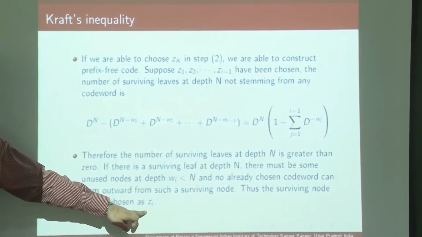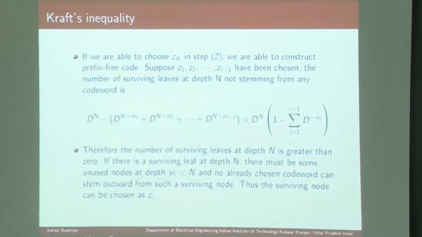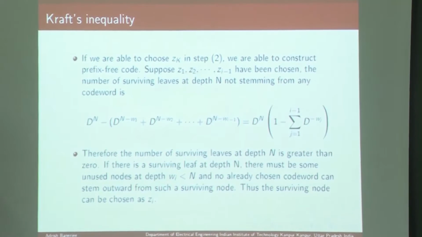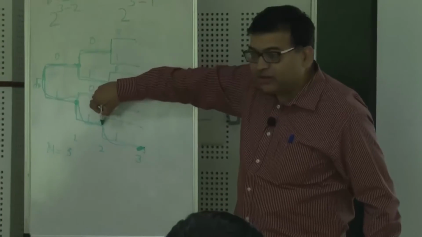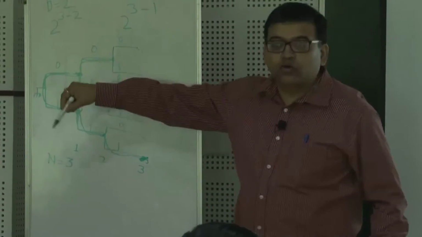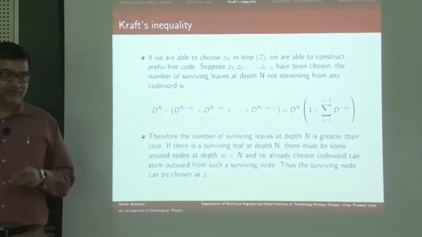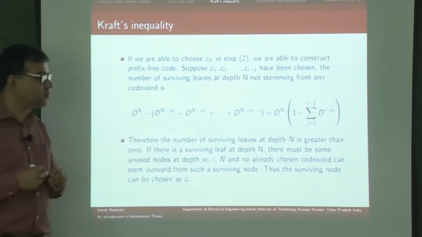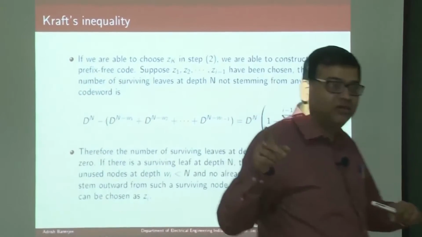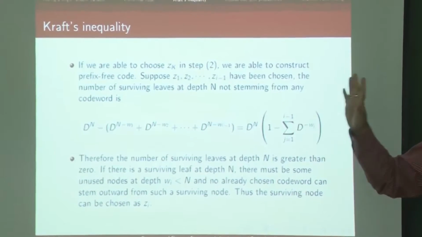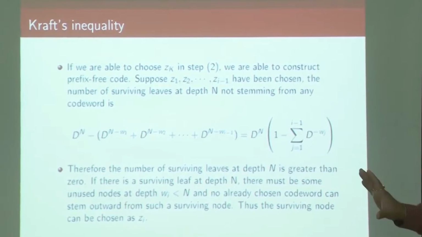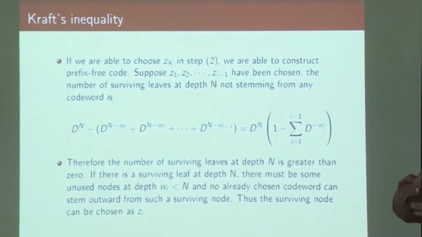Is this clear? If there is an unused leaf here, there will be an unused node here, unused node here. So no matter what my wi is, I can map it there, and this process will be successful for i up to k. Hence, I have mapped all these.